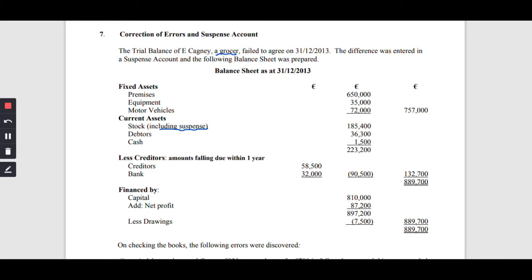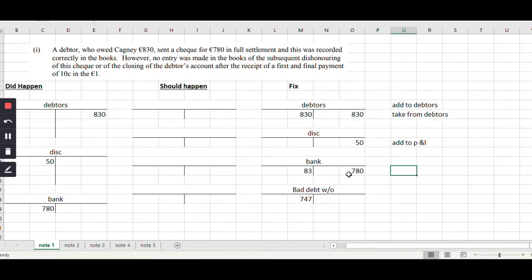So negative 32,000. So when we credit a bank overdraft, we're going to add to the bank overdraft 780. So add 780 to overdraft. And we're going to take 83 from overdraft. Okay. Basically that 780 increases your overdraft, the 83 decreases your overdraft.